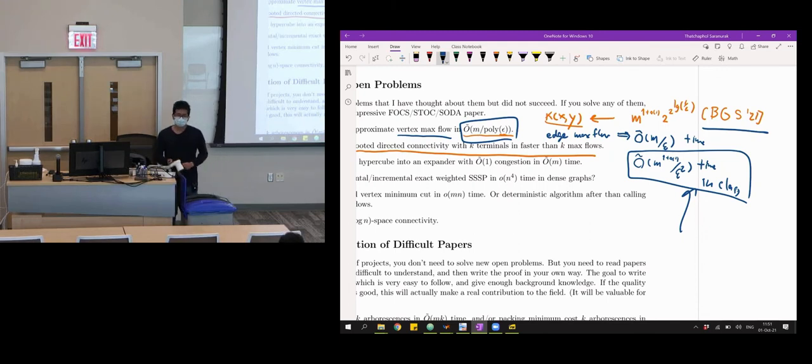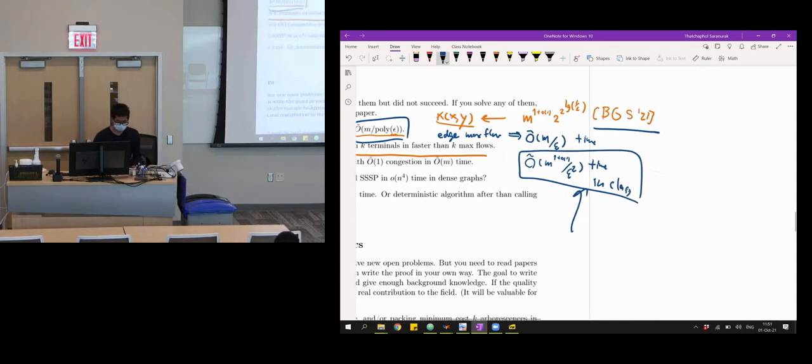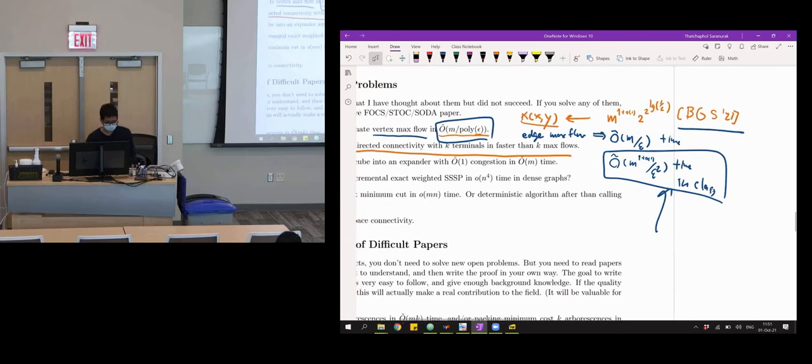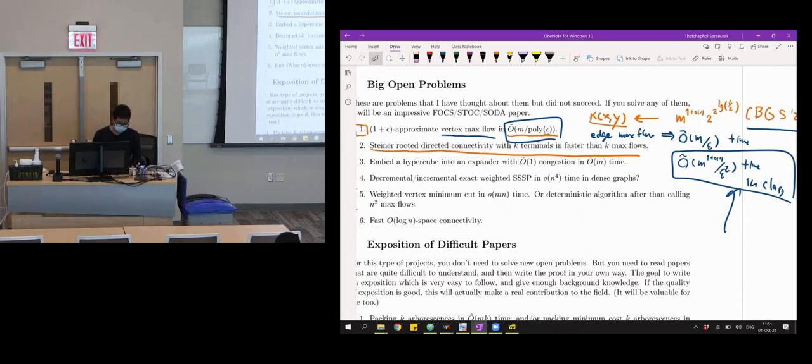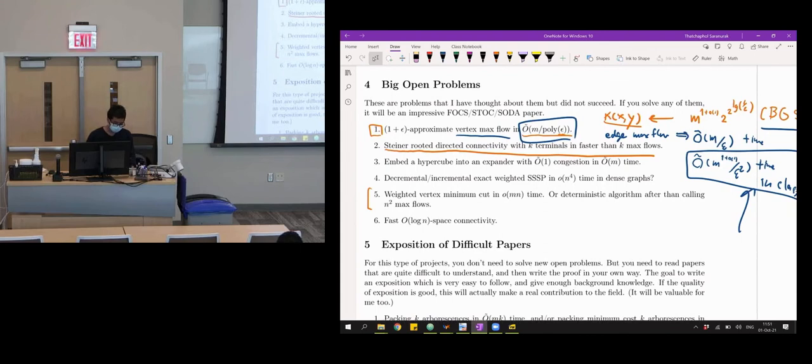We don't know how to do it in directed graphs.